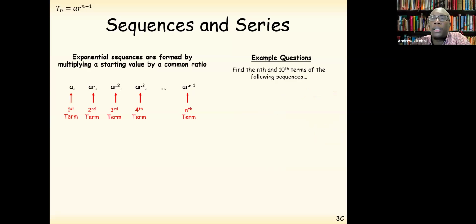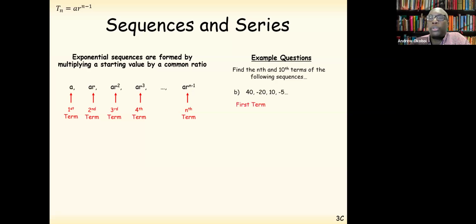Okay, let's look at another one. Again, we're finding the nth term and the 10th term. We have a sequence here that reads 40, minus 20, 10, minus 5. If you have a sequence that is alternating between positive and negative, like this one, then your R is going to be a negative number.